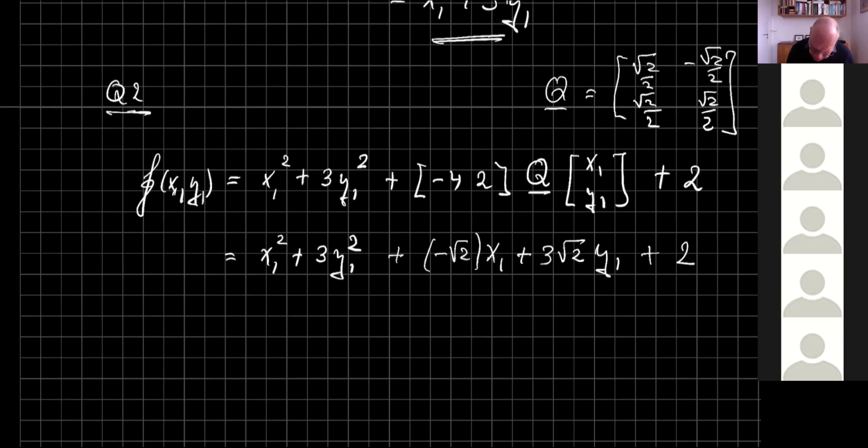And now you need to complete the squares. So you have x1, and then you have minus square root 2. So this will give you minus square root of 2 halves. And if you multiply this out, you have added the square of this, so you have to subtract this again.